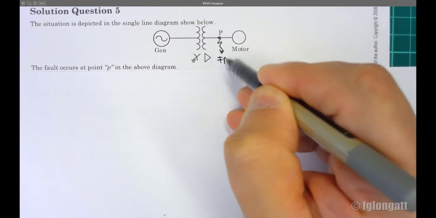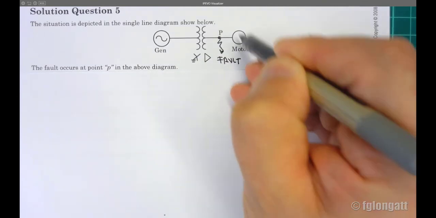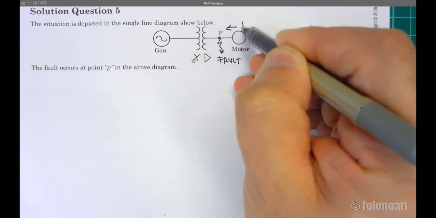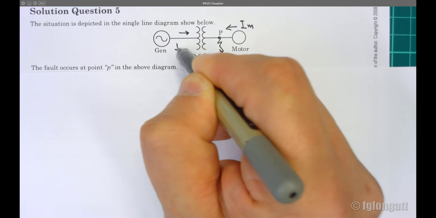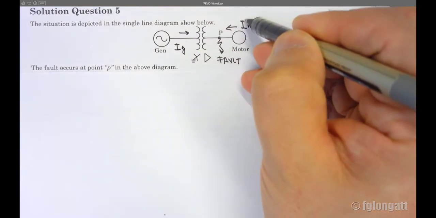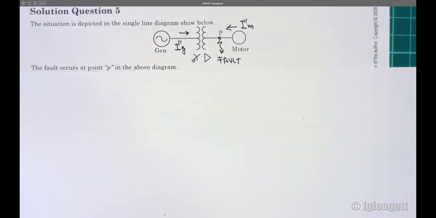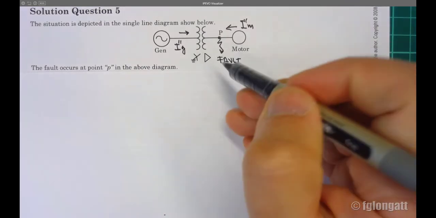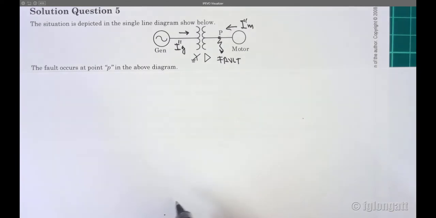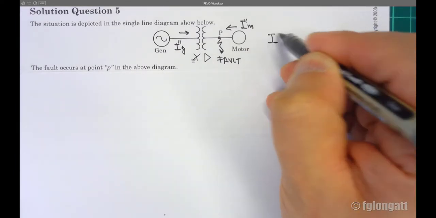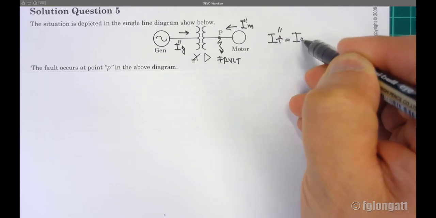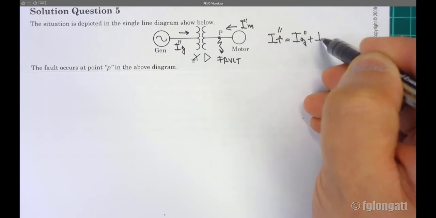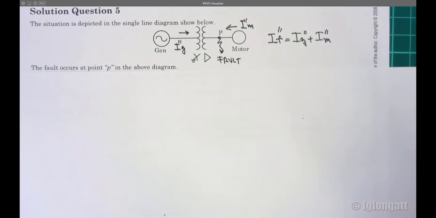There is some current contribution coming from the motor and some current contribution coming from the generator. This is the subtransient contribution. The fault current is equal to the generator subtransient contribution plus the motor subtransient contribution.